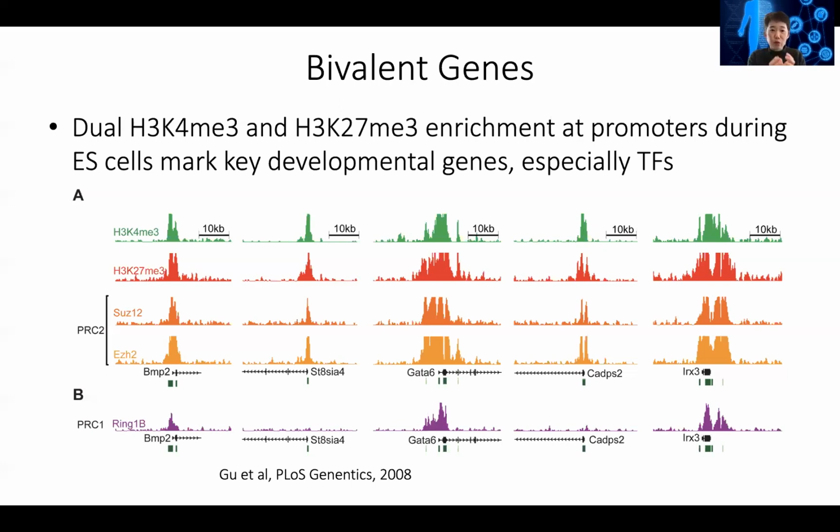To ensure the on and off are tightly regulated in the embryonic stem cell, before the gene is even turned on, these regions have the on-off gate, both marked at the promoter region, so that later on, when the gene needs to be turned on, it can be fine-tuned, in the right cell, at the right time, and at the right level.